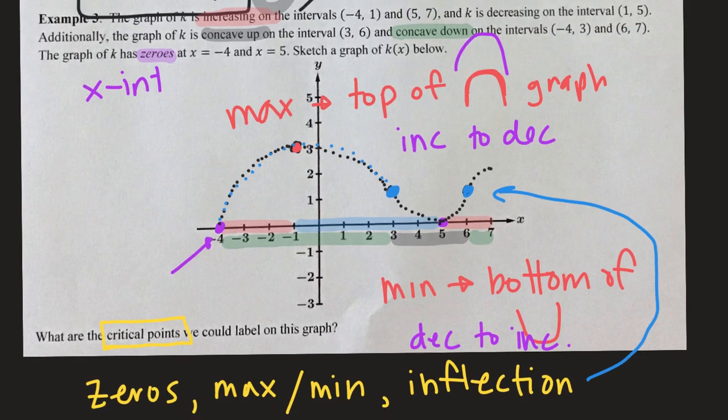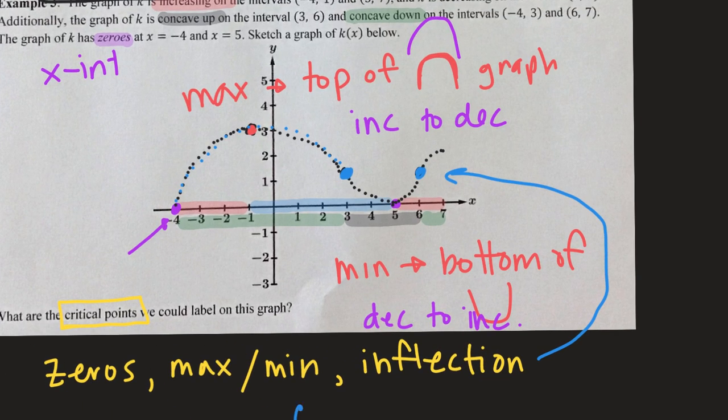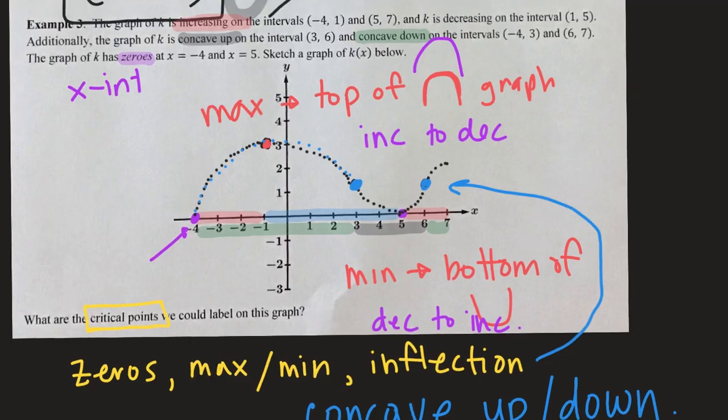So a point of inflection is where your graph changes from concave up to concave down, or vice versa. Okay, so inflection points are where we go from a decreasing rate of change to an increasing rate of change, right? The slopes go from concave up to concave down, or from concave down to concave up.